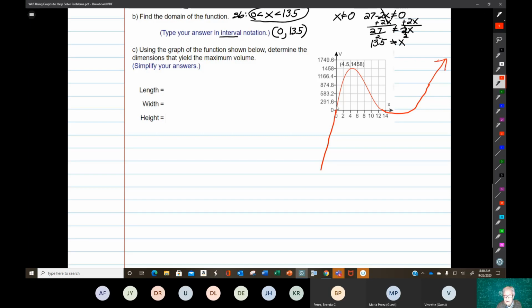But our domain cuts it off for us so that the problem has meaning. And the reason this goes to 14 instead of 13.5 is that you would want to actually be able to see these two points. So actually, this should have gone over to like -0.5, just so you can see the 0 and see the 13.5. But we're only allowed to use this much of it for the problem to make sense.